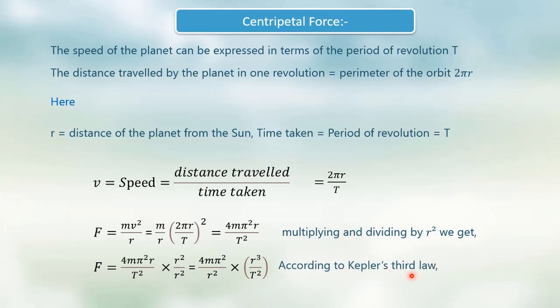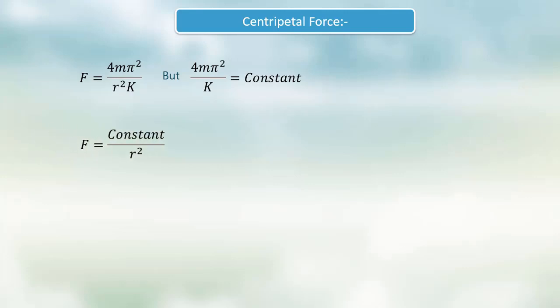According to Kepler's third law, T square upon r cube is equal to K. F is equal to 4m pi square upon r square K. But 4m pi square upon K is a constant. F is equal to constant upon r square.